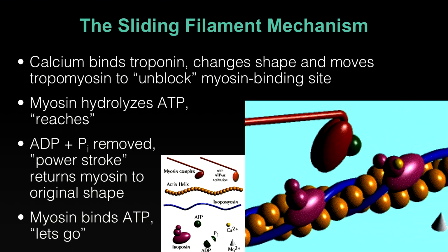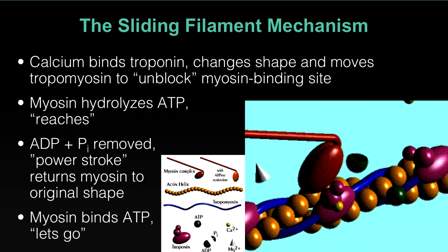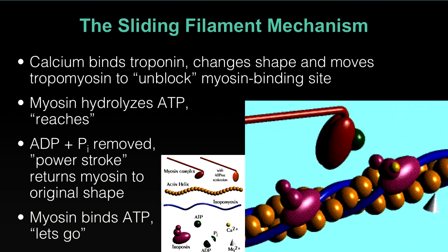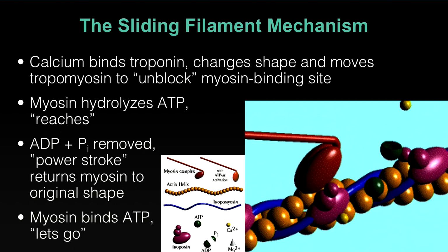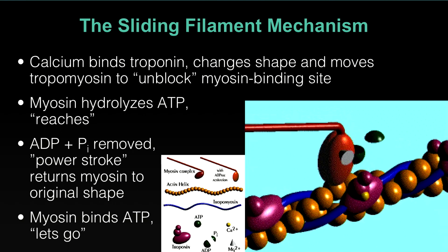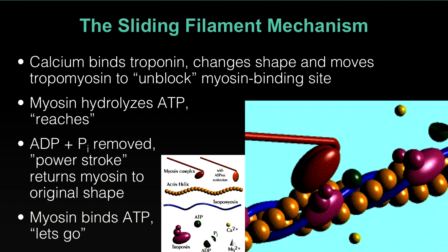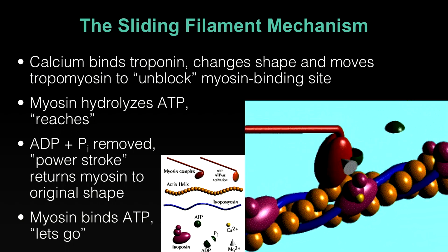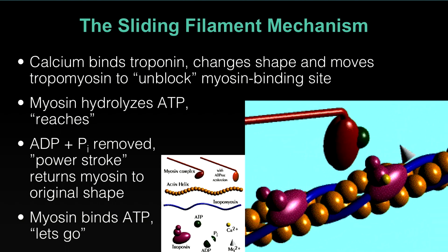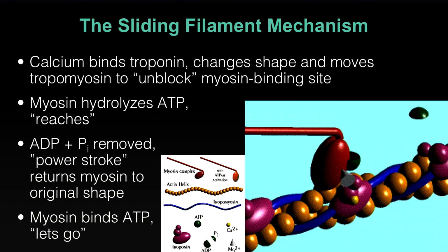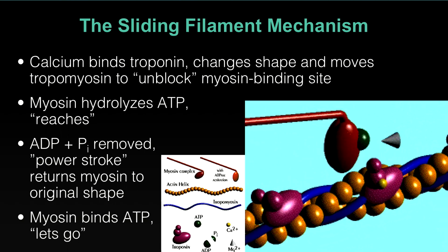If calcium is present, it will bind to actin. It will break down ATP. It will create the power stroke, cock the head, and then walk up the actin filament. Of course, if calcium's not present, it can't bind, so this doesn't happen. Calcium is permissive in the sliding filament mechanism.